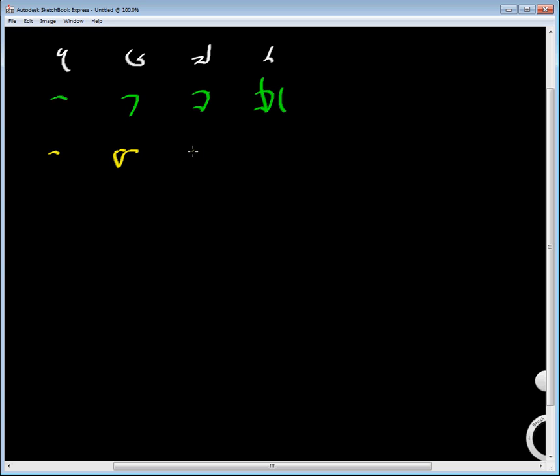Second step. Third step. And then the fourth step is to join from the top through the middle downwards. So that's step number 4. And these two sides have to be uniform, very similar in size.